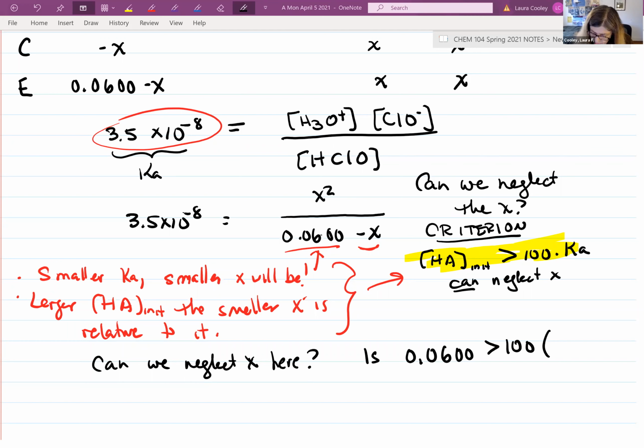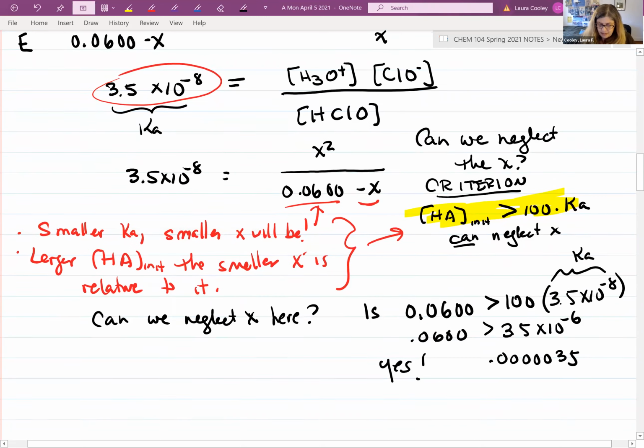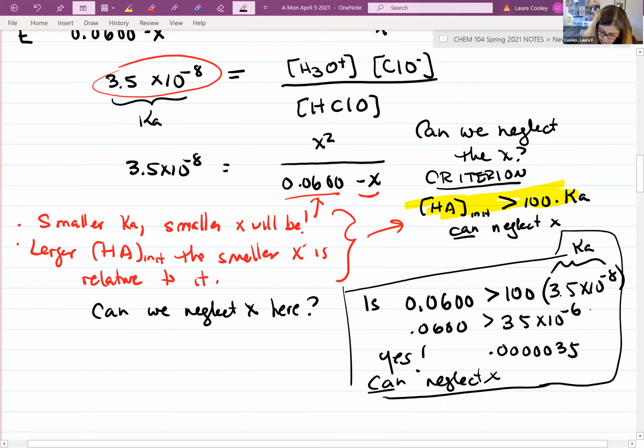Because this Ka is 3.5 times 10 to the negative 8th. 100 times that is 3.5 times 10 to the negative 6th. And that is certainly, 0.06 is bigger than that, 0.0000035, 1, 2, 3. Yes, that's definitely true. So you'd have to write, yes, can neglect X. And this is the proof you have to show, really. Basically, you just have to put this in there.